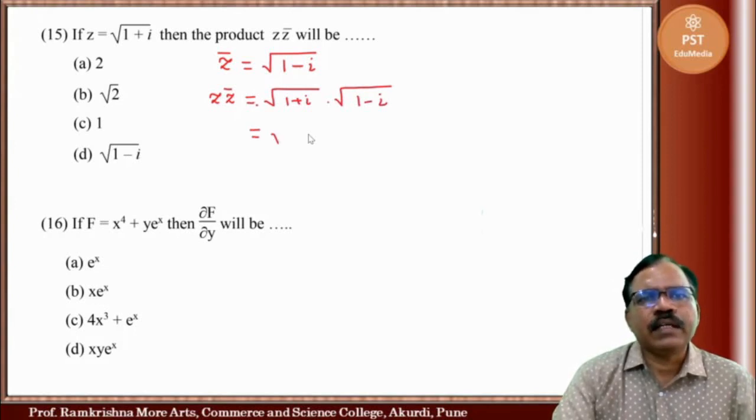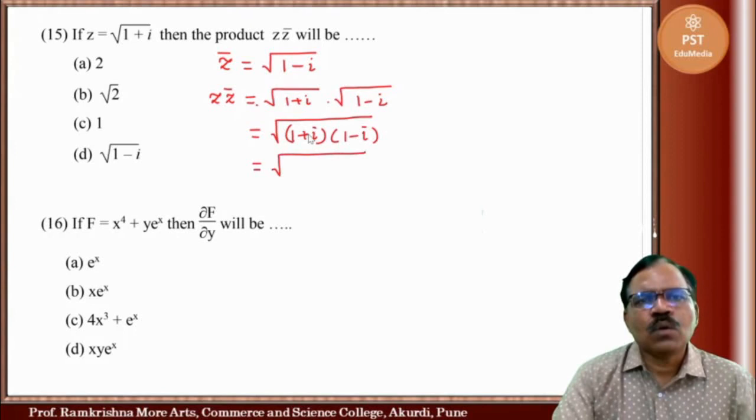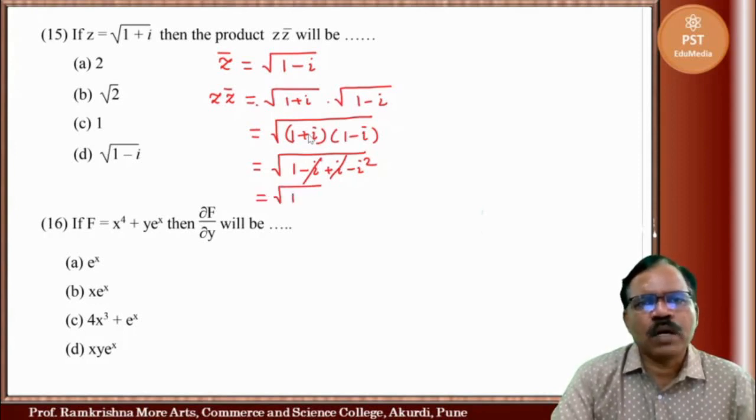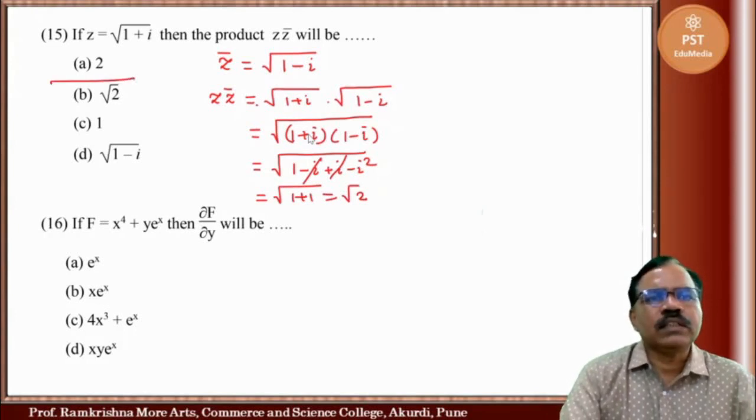So we get root of (1 plus i) into (1 minus i). So we will get 1 into 1, that is 1. 1 into minus i, that is minus i; i into 1 is plus i; and plus i into minus i, that is minus i square. I square is minus 1, so we will get root of 1 plus 1, that is root of 2. So here this one is correct.